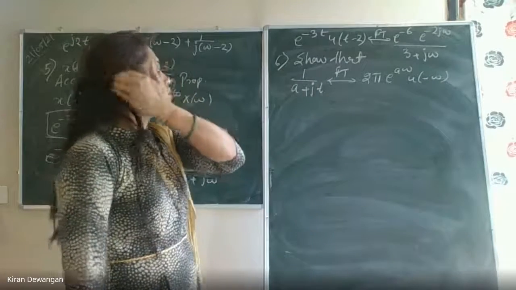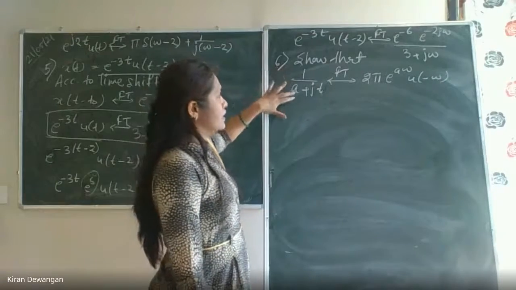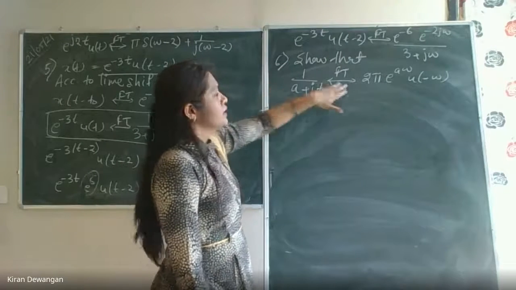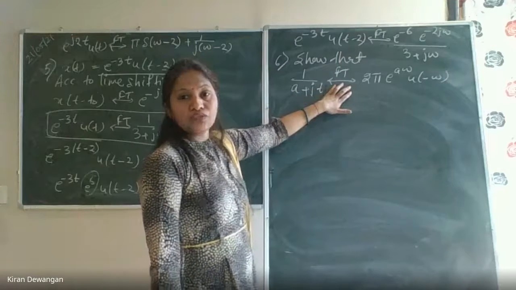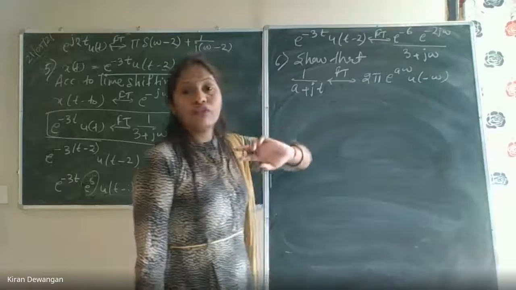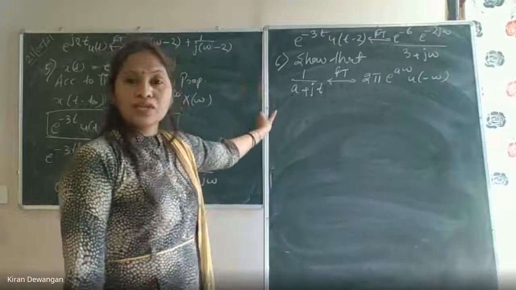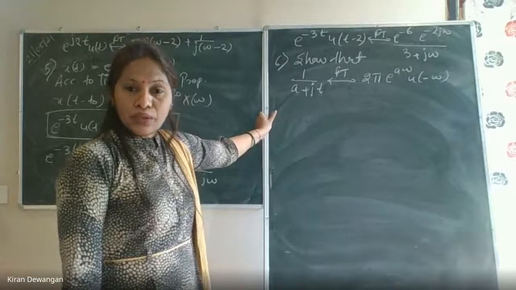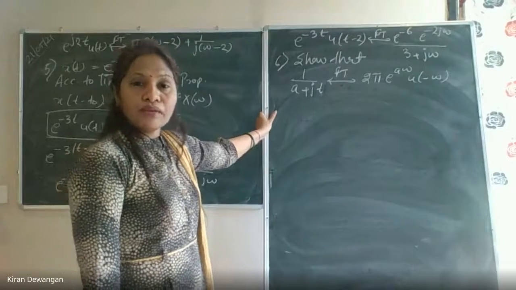Okay? So if I have this as a function, then it will have the Fourier transform which is 2 pi e to the power a omega u of minus omega. Can we show this one? Yes, can we show this property? How can we prove it?